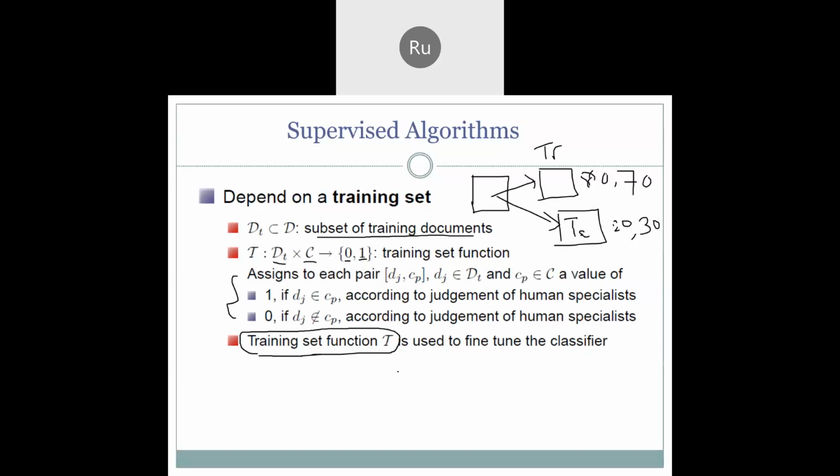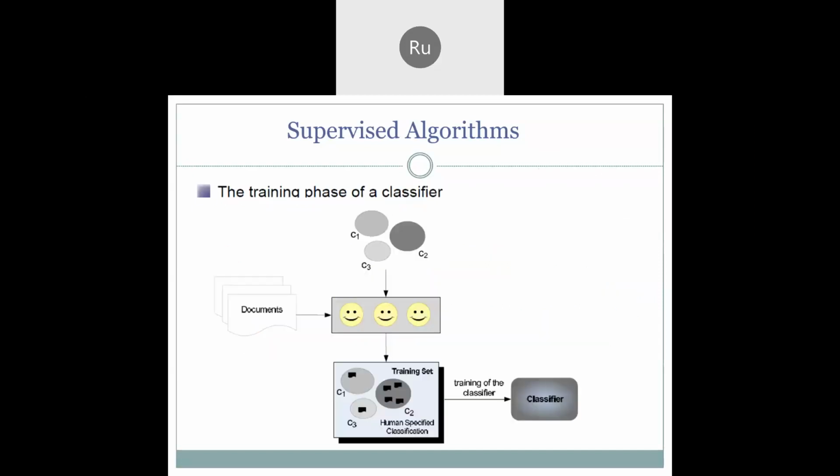Okay, so this is your training set. So what happened now is that you have this document, and then you have predefined three number of classes here, C1, C2, and C3.